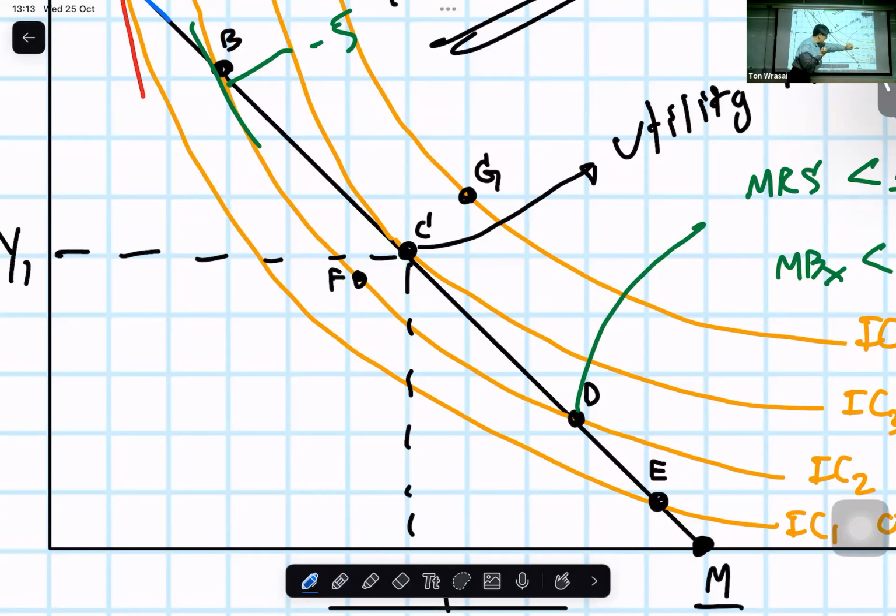At point C, the tangency line reflects the slope of the indifference curve.